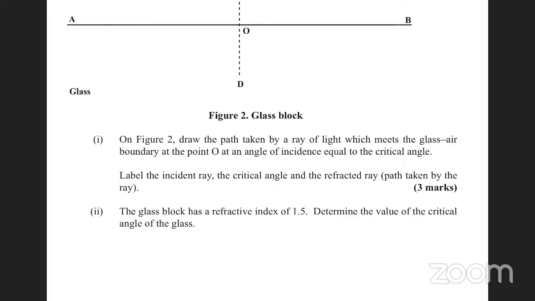The critical angle, right? How do I find the critical angle? Come on, the formula: sine inverse of 1 over n. So that'll be sine inverse of 1 over 1.5. You all worked it out already.